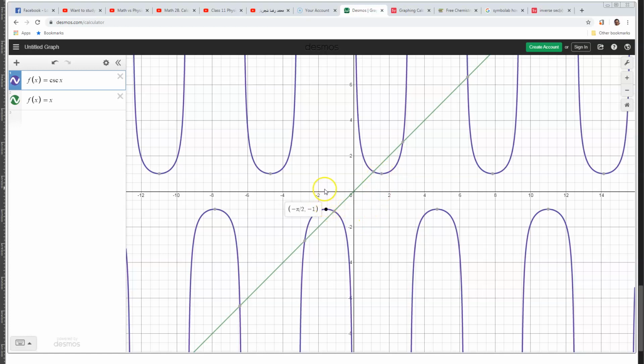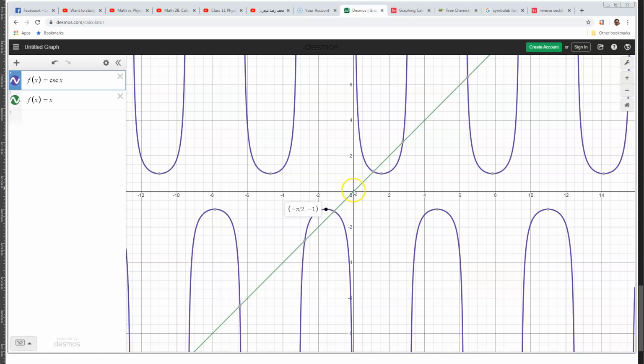So I can restrict the domain of this function to negative pi by 2 to pi by 2, and then in that domain the function is basically 1-1 and onto. Of course, there is a problem here, and the problem is that the function is not defined at x equal to 0. So you have to take that out, right?